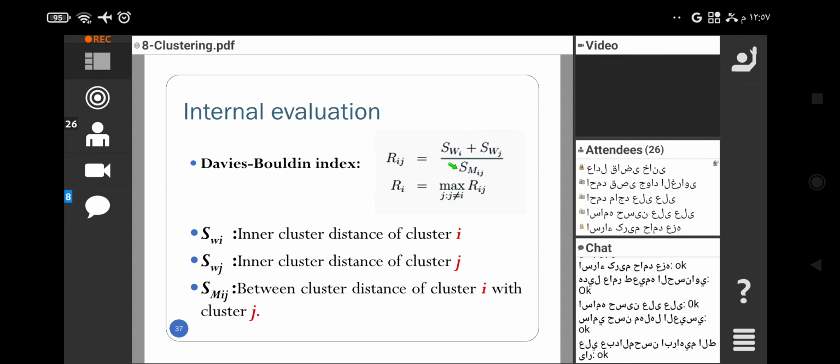And then we could define the Davies-Bouldin index using this formula. Okay. Do you understand this?